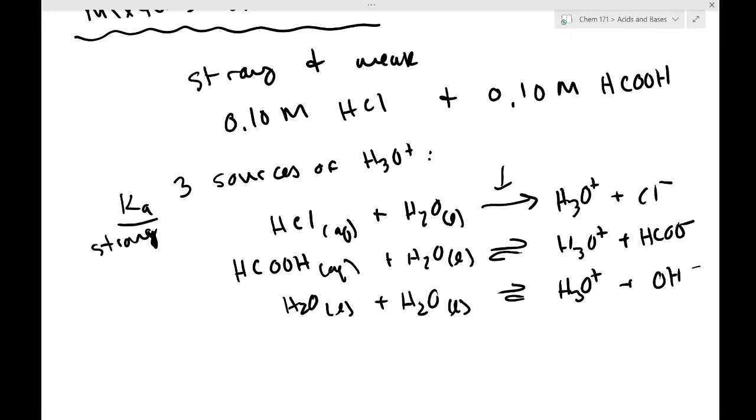The Ka for formic acid is 1.8 times 10 to the minus 4. And the constant for the autoionization of water is 1.0 times 10 to the minus 7. Excuse me, it's Kw, so it's minus 14. My bad.